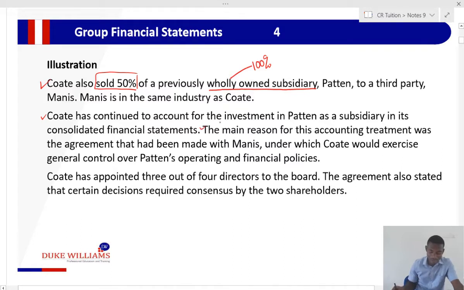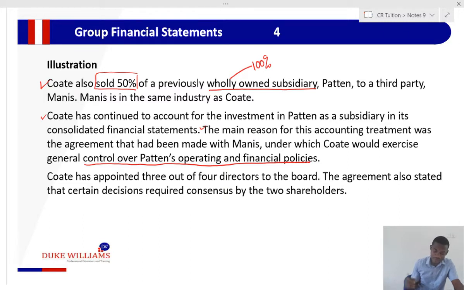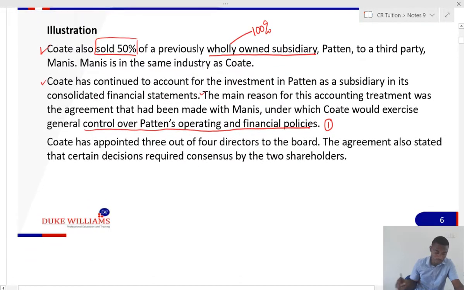The main reason for this accounting treatment was the agreement that had been made with Manis, under which Court would exercise general control over Pattern's operating and financial policies. This is just one aspect of control.